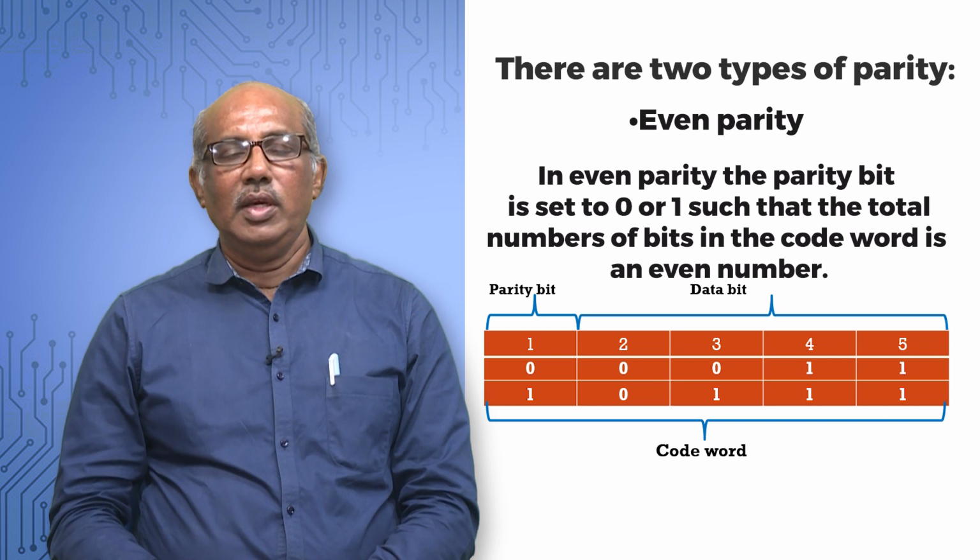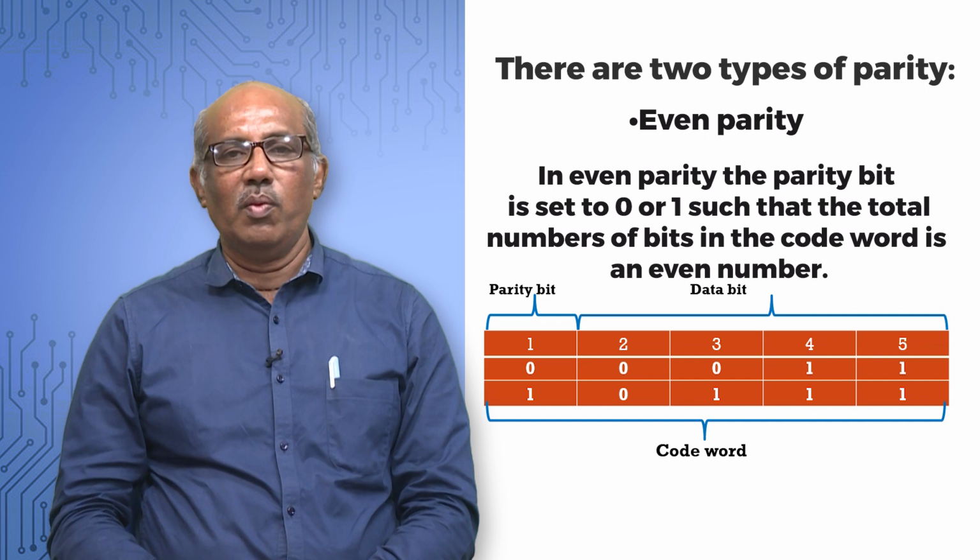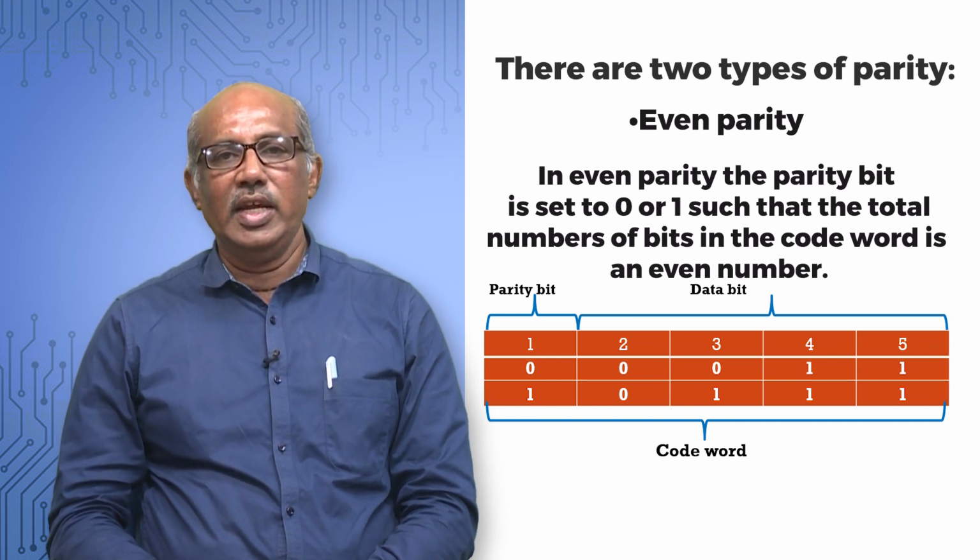So, if there is any change, suppose in the second example, during transmission, one of the values changes from 1 to 0, what will happen? You can see that the number of ones becomes odd. Therefore, it can be clearly detected that an error has taken place during transmission. So, a change in any odd number of bits will be detected for an even parity.